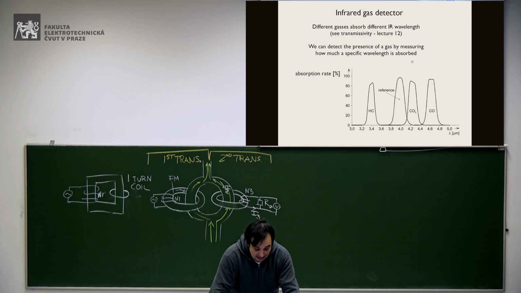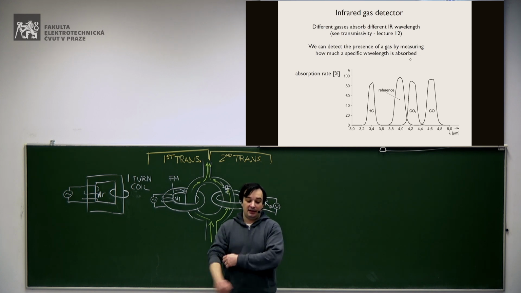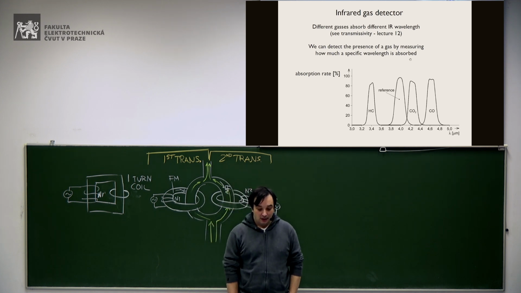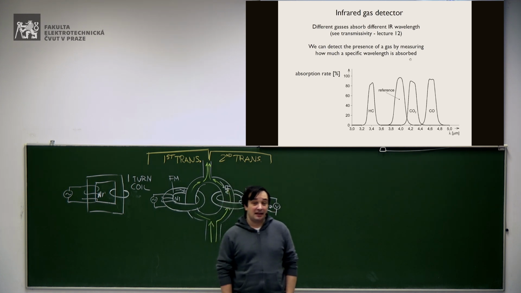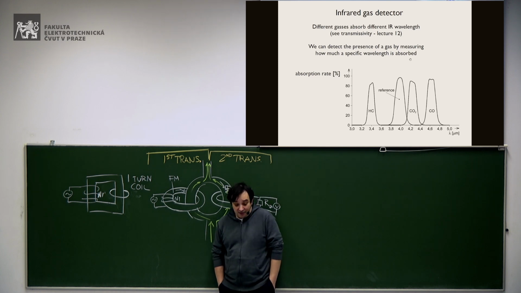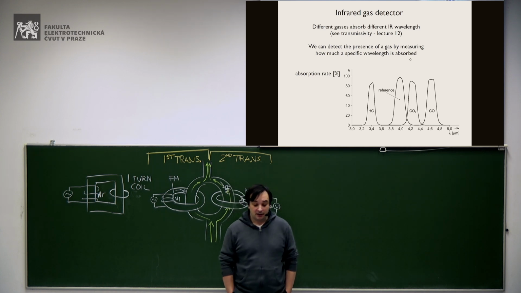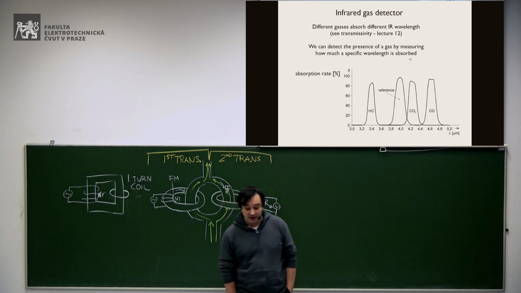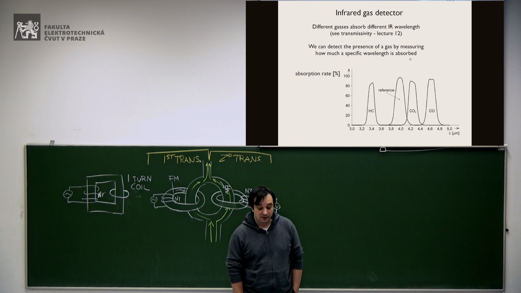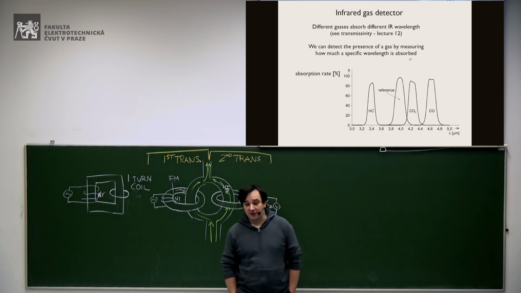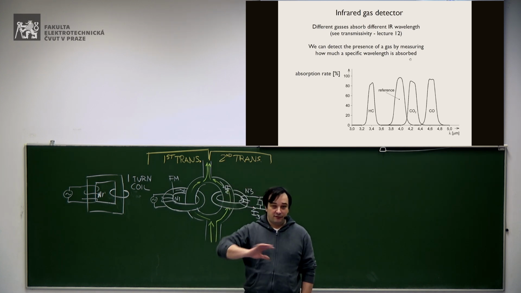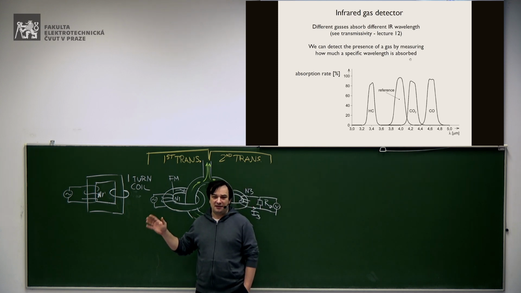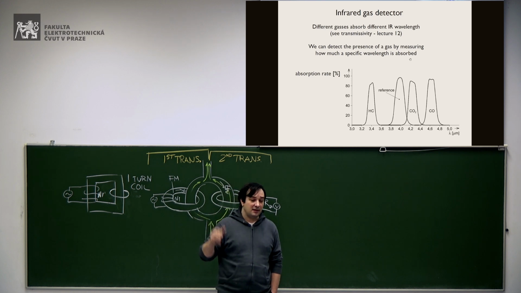Fine. Another interesting sensor is the infrared gas detector, which is based on the fact that, as we have seen last week, if you take the energy in the infrared wavelengths, so if you remember, visible light is about from 380 nanometers to 780, 800 at most, nanometers.